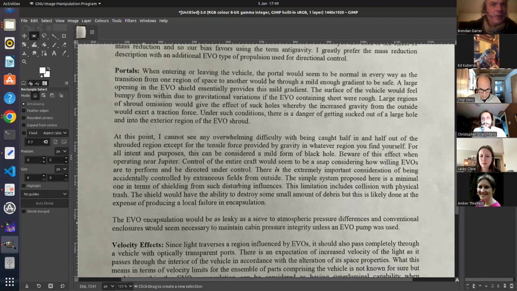The EVO encapsulation would be as leaky as a sieve to atmospheric pressure differences, and conventional enclosures would seem necessary to maintain cabin pressure integrity unless an EVO pump was used.